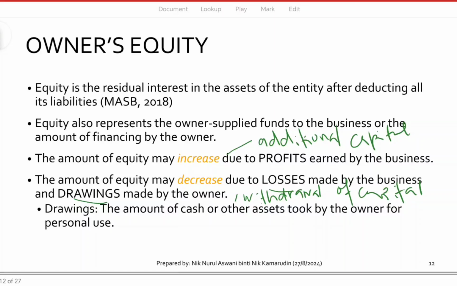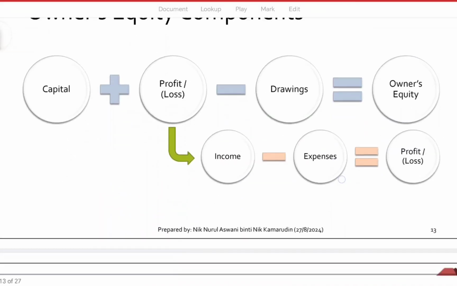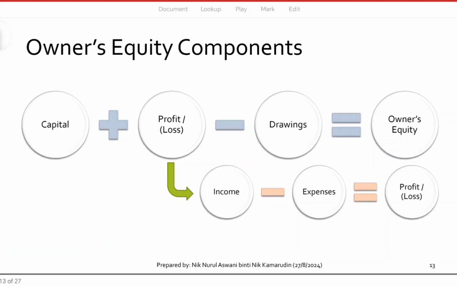At the end of the year, when we prepare the statement of financial position, we are going to show drawings as a deduction against the total amount of the owner's equity. So in short, the owner's equity component consists of capital, profit or loss, and drawings.